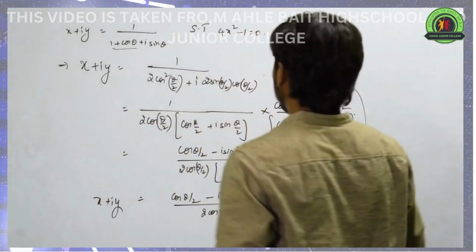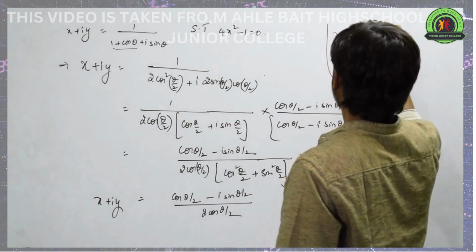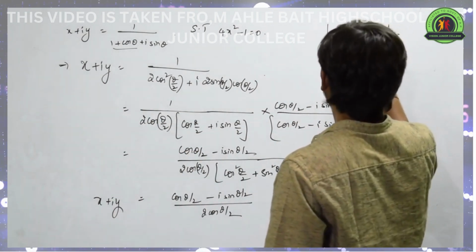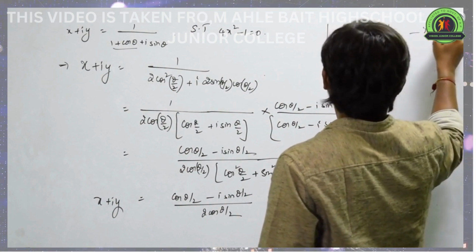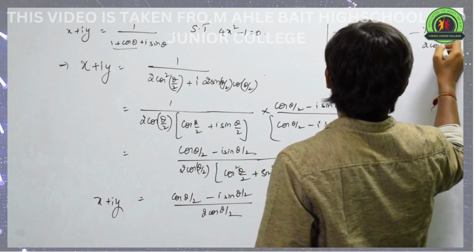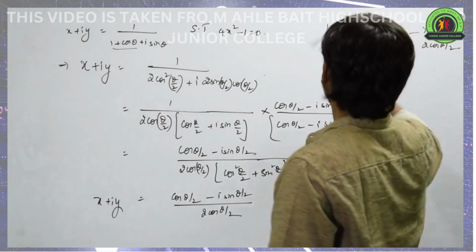Clear? Now check, x plus iy is equal to cos theta by 2 by 2 cos theta by 2 minus i sin theta by 2 by 2 cos theta by 2. Fine. Here cos theta by 2 will get cancelled.